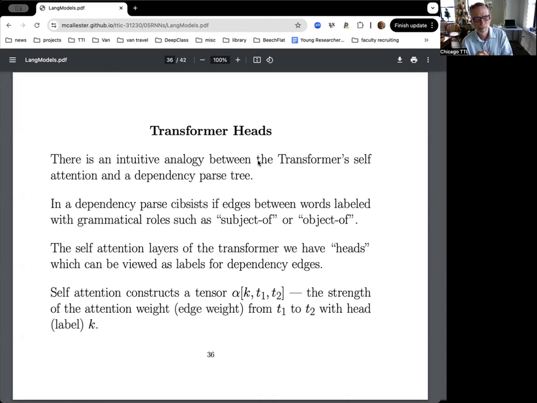Okay, transformer heads. I haven't fully explained the nature of the self-attention layer. So the self-attention layer has this concept called a head.